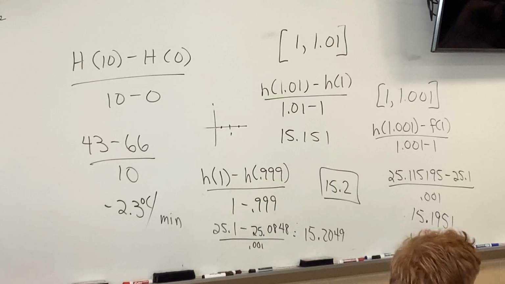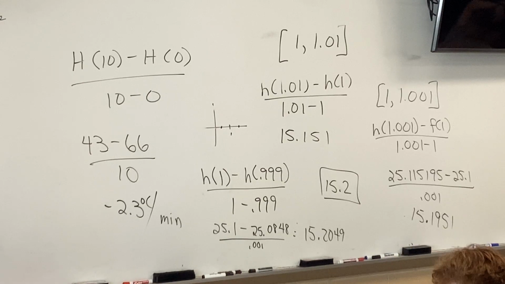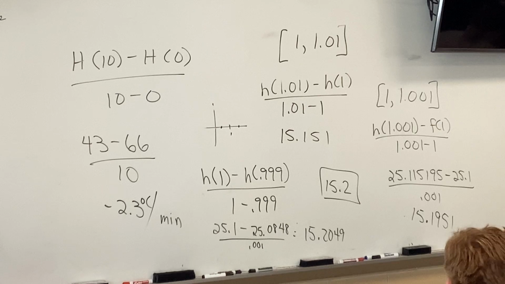So it's not G. I can't even read the numbers in A, so I don't know. Do you think it's A? It's -2 to 14 by -4 to 36.